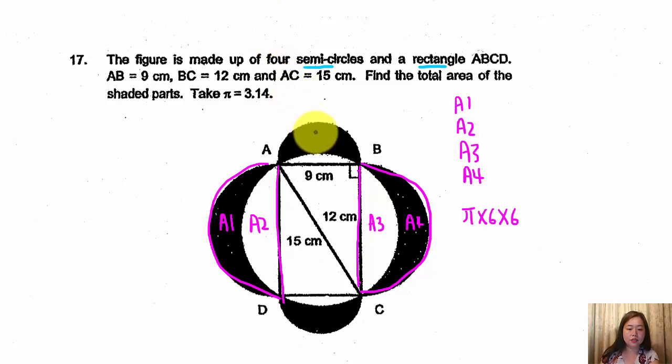So let's call this B1, B2, B3, and B4. So B1, B2, B3, B4 is made up of a smaller circle that comprises of two semicircles.